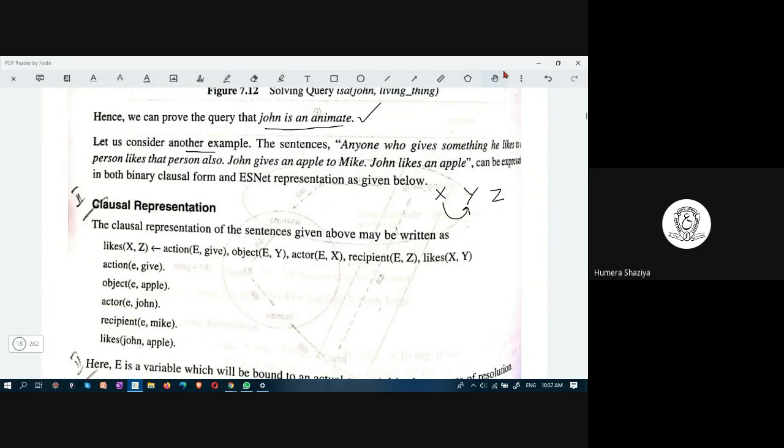This first statement says that if anyone gives anything that he likes to anybody, it means that he likes that person as well.